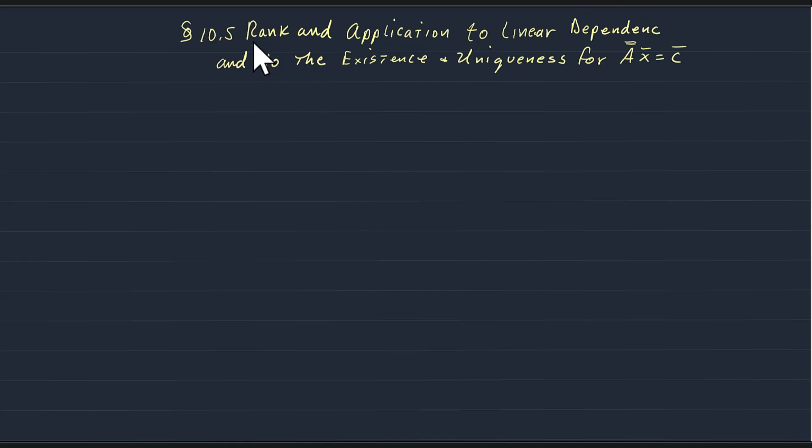So now we're going to apply the concept of rank to the linear algebraic system AX equals C. This is a system of coupled equations that you've seen before, and in particular we relate the rank to the linear dependence of the columns of A as it pertains to the existence and uniqueness of the solution.